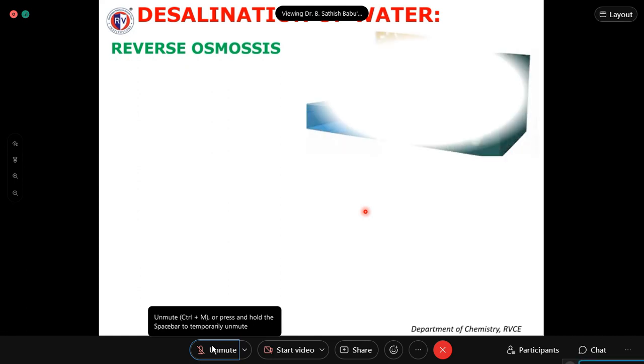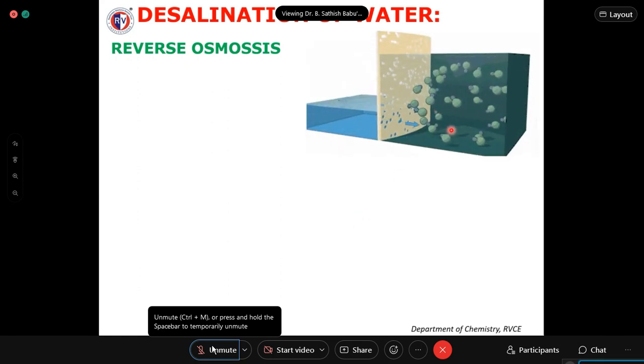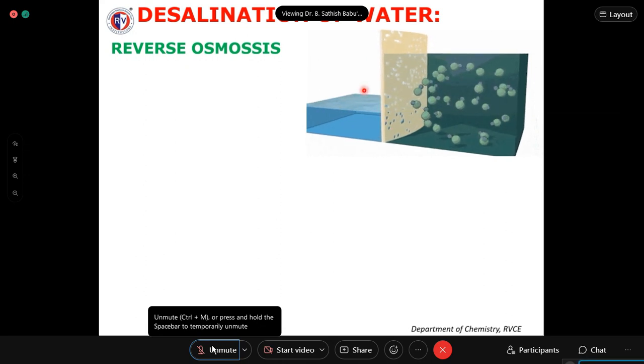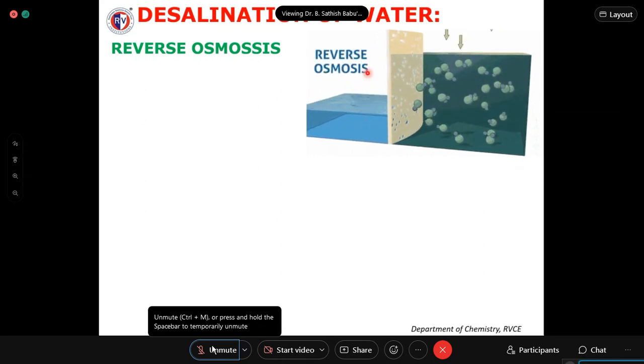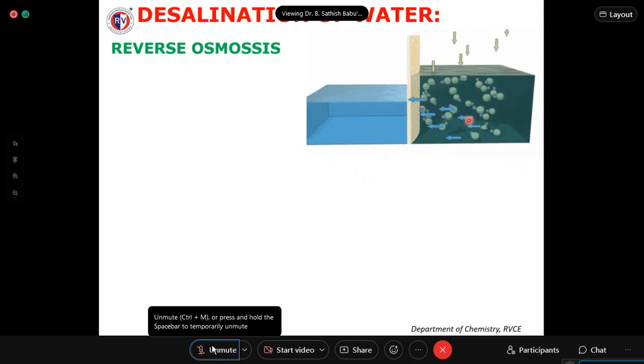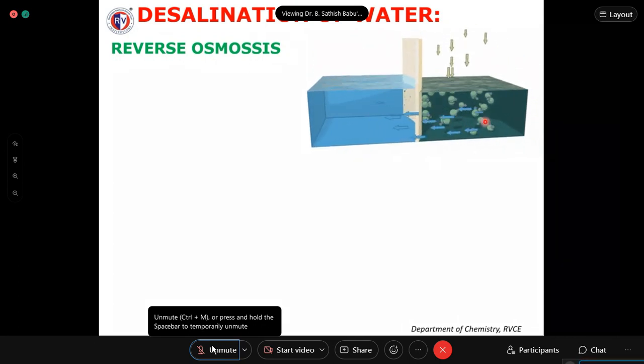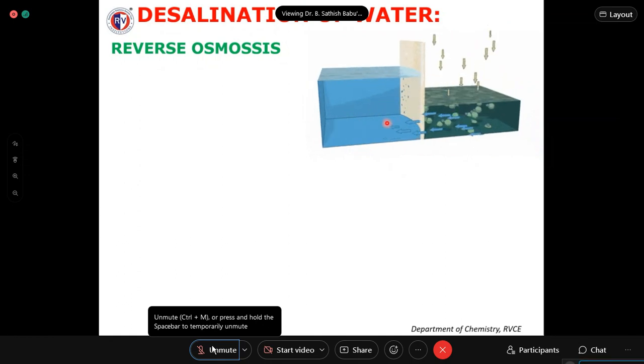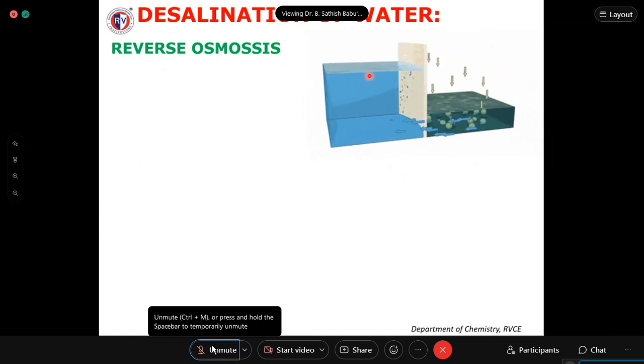because it works out economically. So this is the diagram for osmosis. Now we are applying the pressure here. The solvent molecules, that is water molecules, are moving from higher concentration to lower concentration side, and the volume is increasing here, right?